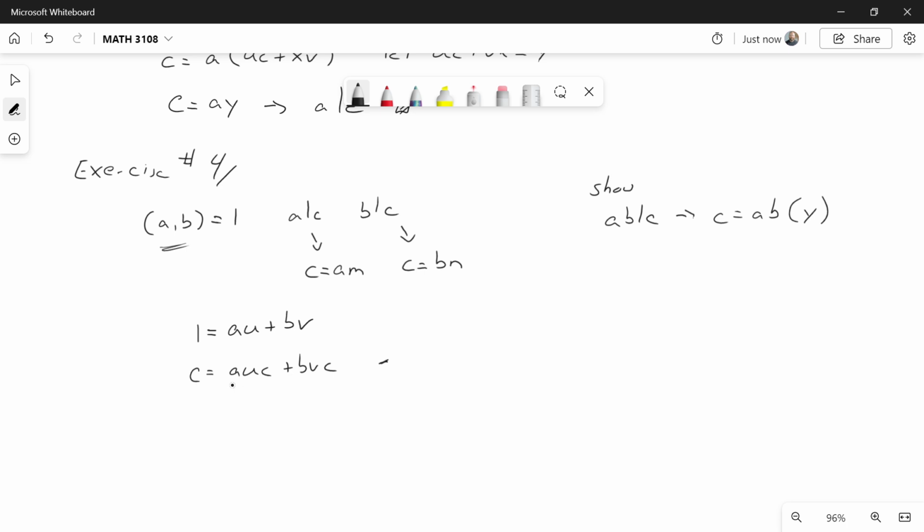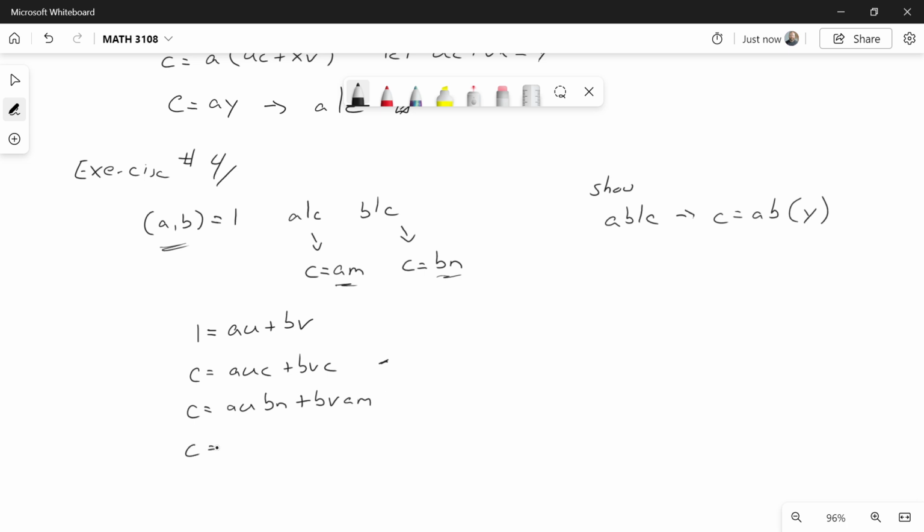In the first term I have an a, but I don't have a b. But I do have a c, and I know I could write c as being equal to bn. So that's what I'm going to do. So auc, but I'm going to write this as a u times bn. Plus my second term has a b in it, but it doesn't have an a. It does have a c, and I could write c as am. So this is bv times am.